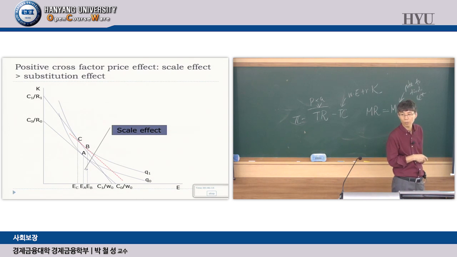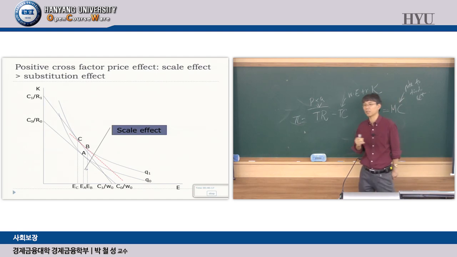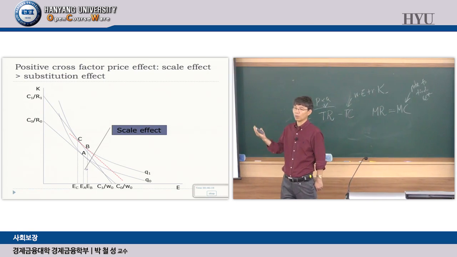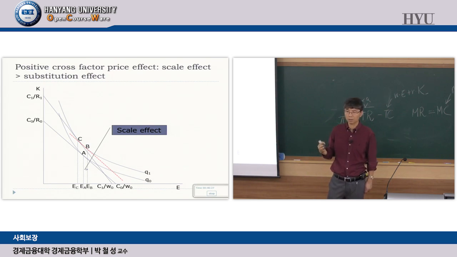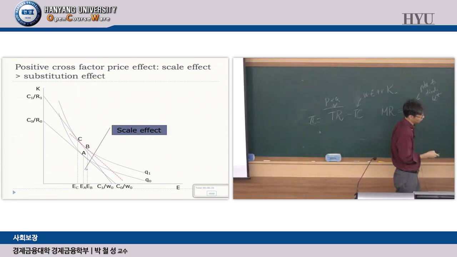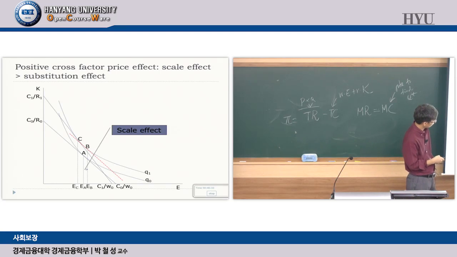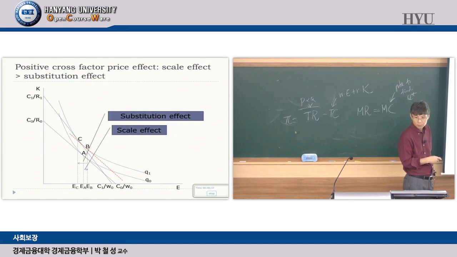By the scale effect, they will use more labor. If there were no change in the relative price of capital and labor, they would simply produce more, so they should use more labor because they produce more. That's the scale effect part, and B to C is the substitution effect part. Now they substitute capital for labor.